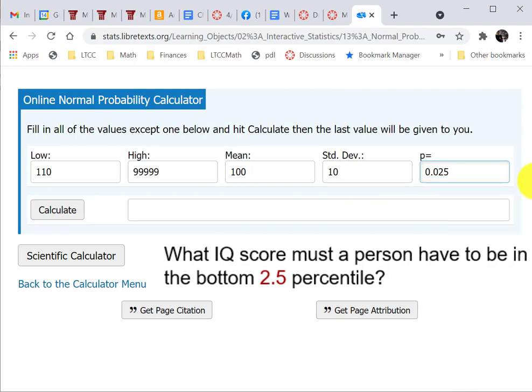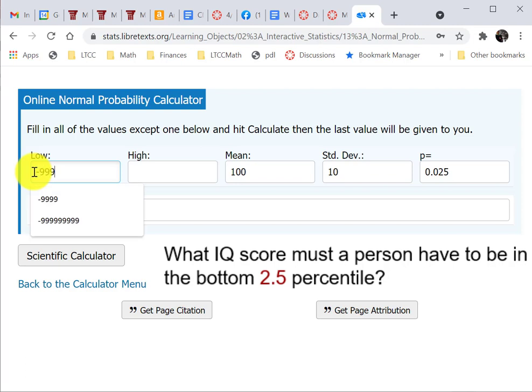So I'll put 0.025 in for p. We want to find out the value such that to the left of that value has this probability. So in particular, we don't know the value, and that's the high. Lowest is basically negative 1,000,000 or something like that.